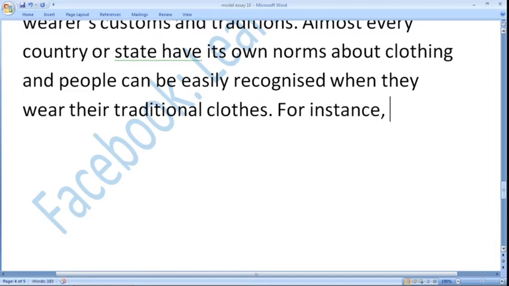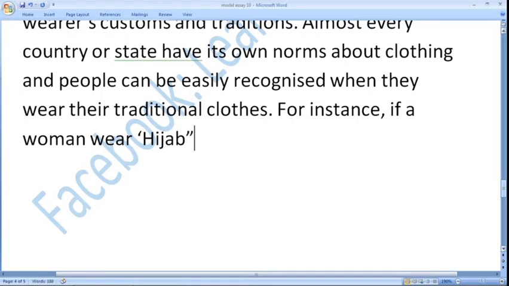For instance, if a woman wears hijab, I would put hijab and break in commas, which I would explain.